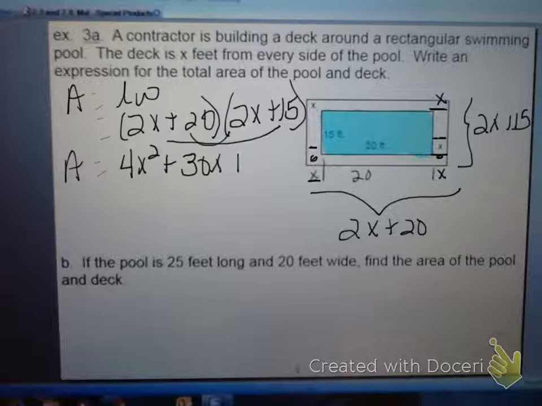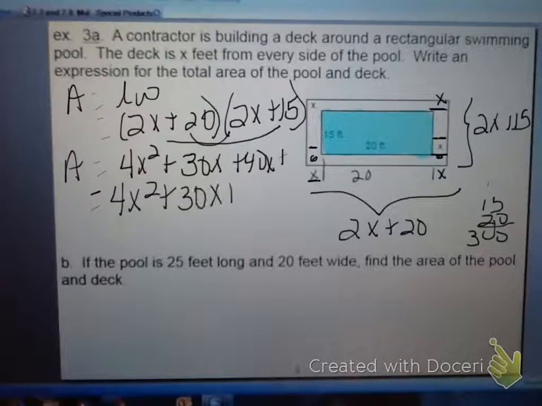The inside term is 40x, plus the last is 15 times 20. It's 300. So that's 4x squared plus 30x plus, oh wait a minute, we would combine and get 70x plus 300.